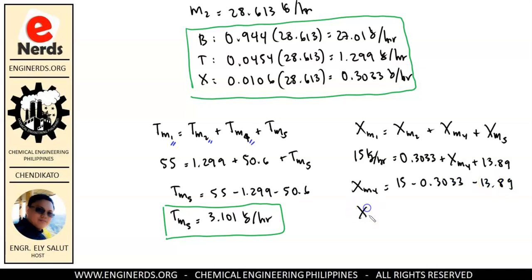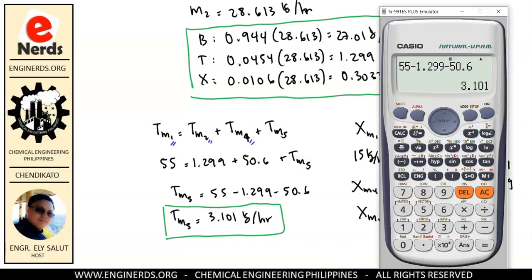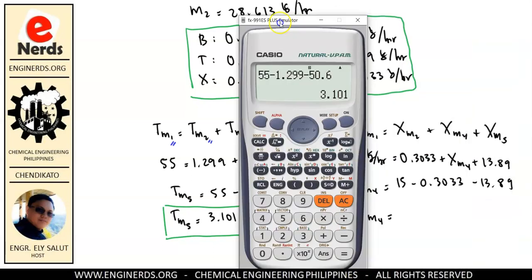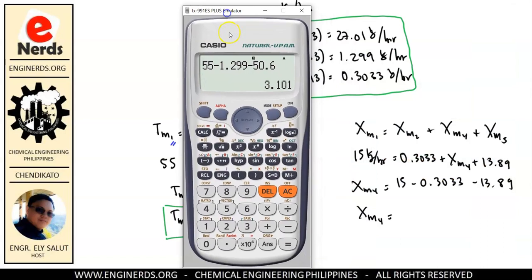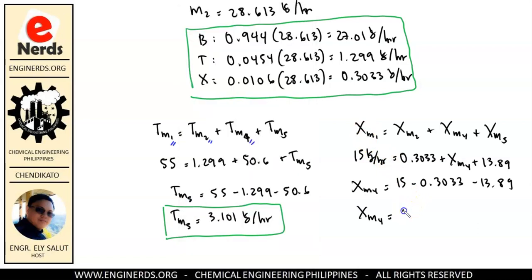So, therefore, our X in M4 is equal to, let us calculate again. We have 15 minus 0.3033 minus 13.89. This is equal to 0.8067 kilogram per hour.